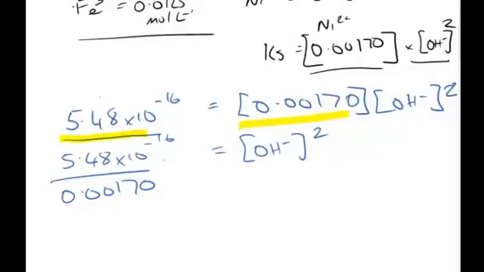If we divide that and then take the square root, we'll get the hydroxide ion concentration from that, which is going to be equal to 5.68 times 10 to the negative 7, and if you turn that into a pH you get something like 7.75.